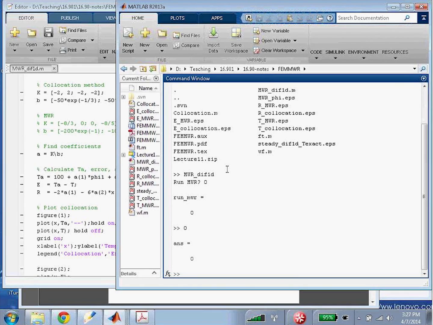Yeah, Libby. Why that? Maybe start with the error. Are you happy with the fact that the error is 0 at the endpoint?